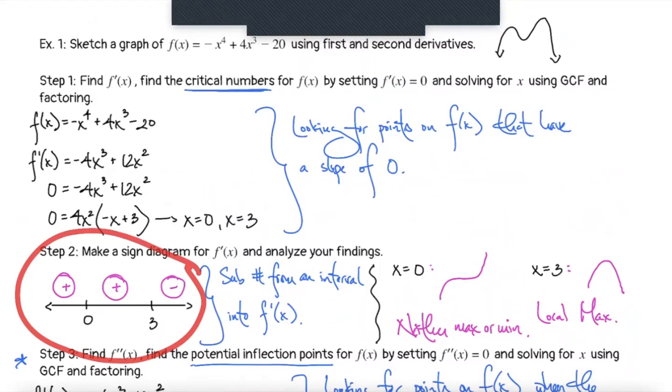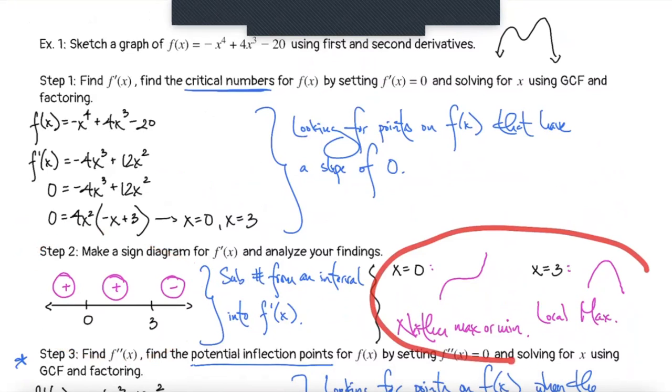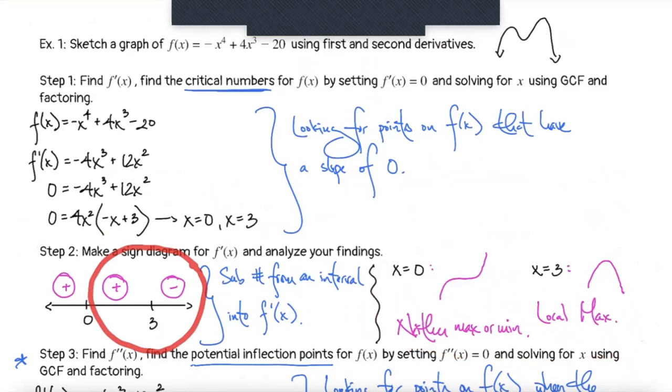This sign diagram we built from the velocity graph, but it told us about the original graph. In particular, when the velocity goes from positive to negative, we end up with a local maximum.